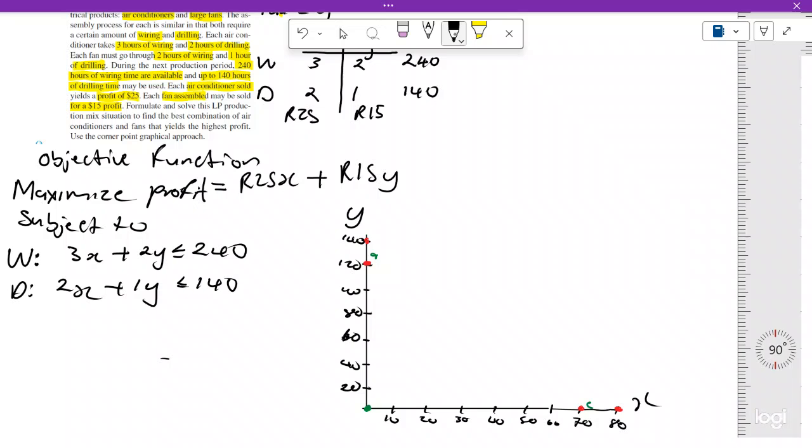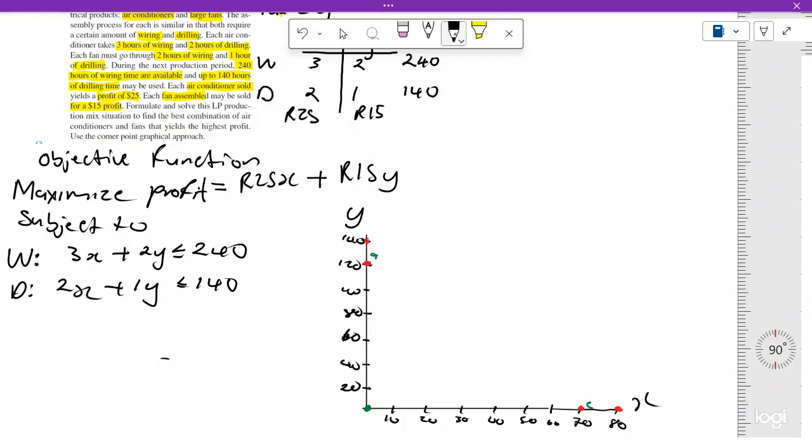When you look at the optimum solution, those points tend to be part of the solution.